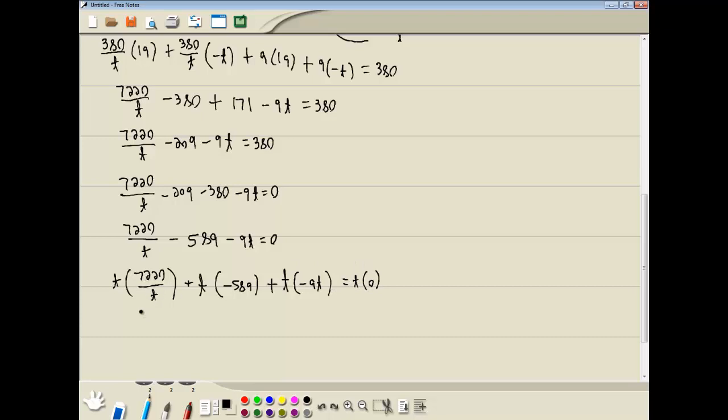Those t's cancel, so we got 7,220 minus 589t minus 9t squared equals 0.